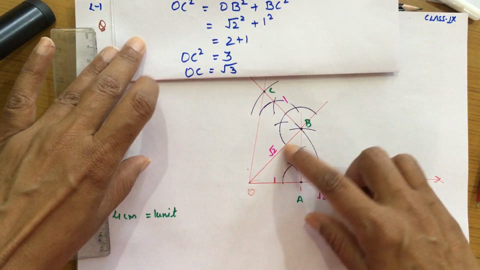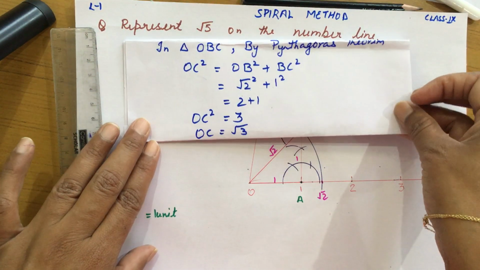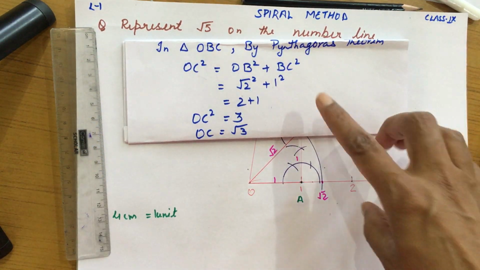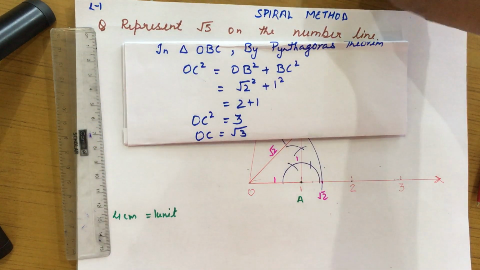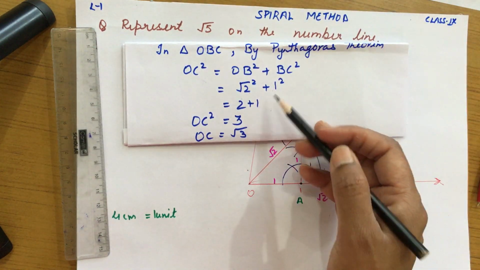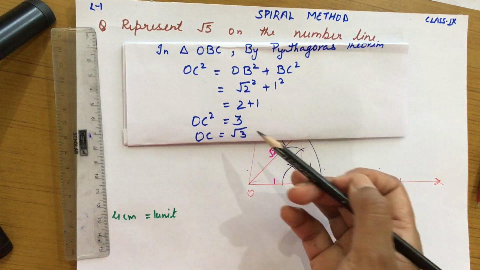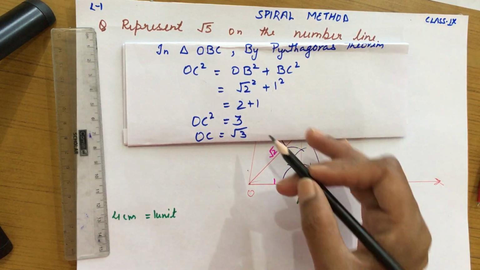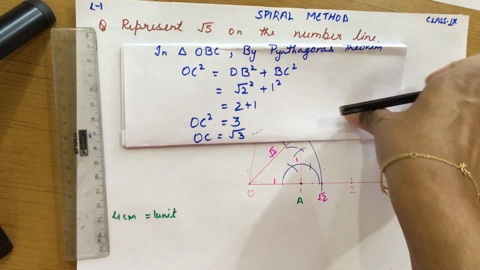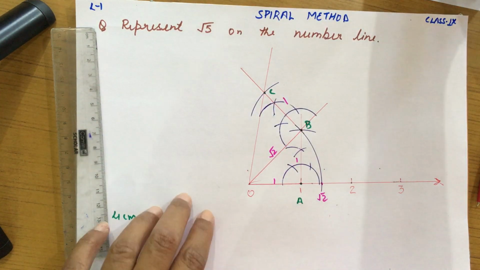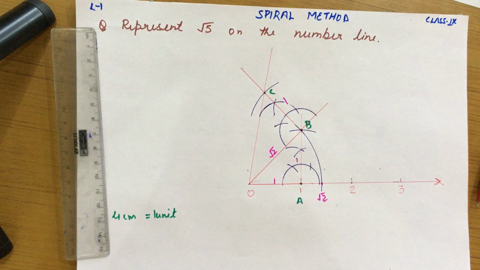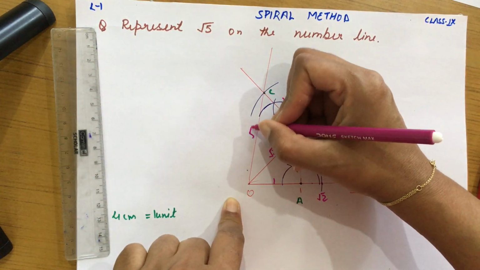OB was root 2, and BC was 4 centimeter, which we took as 1 unit. So root 2 square plus 1 square, you are getting 2 plus 1, 3, and square will go to other side of equality. It means OC is root 3. So OC is your root 3.